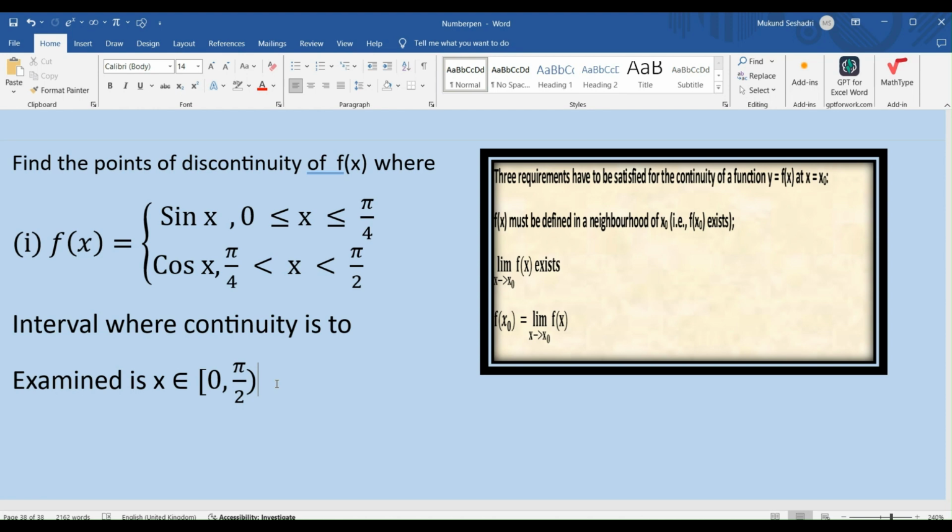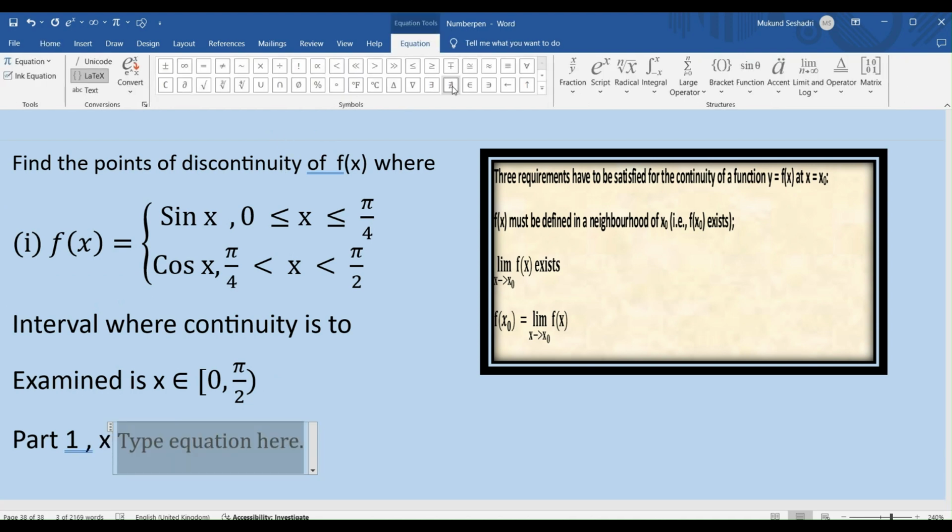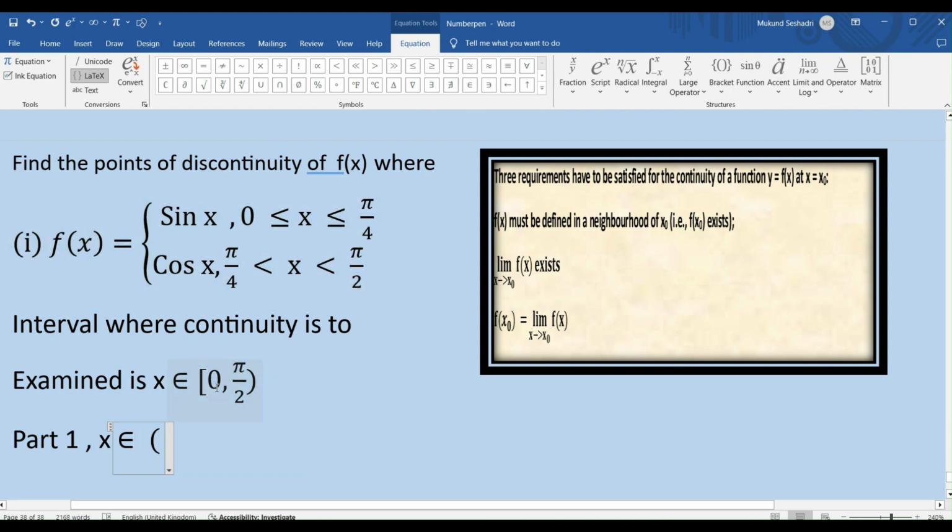So for the open interval 0 to pi by 4, which is my part 1, I'm going to call it the open interval x belonging to (0, pi by 4).